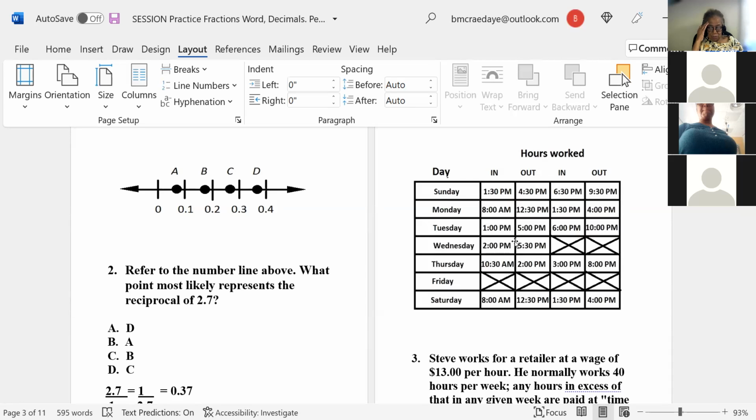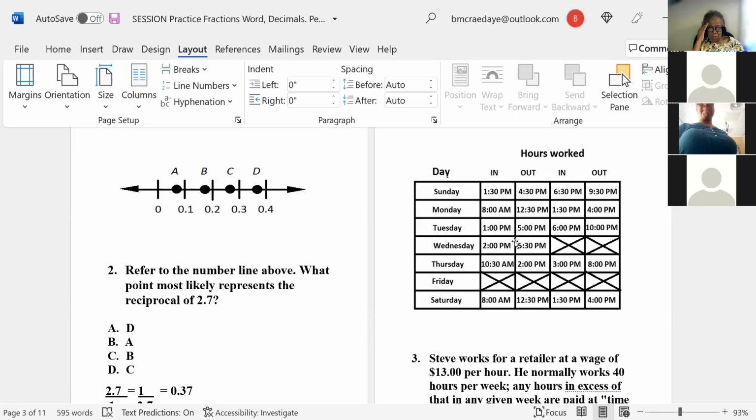What did you get, Maureen, for Thursday? Okay, but 10:30. I get 4.5 for in and out, 1.5, and 3 to 8 is 5.